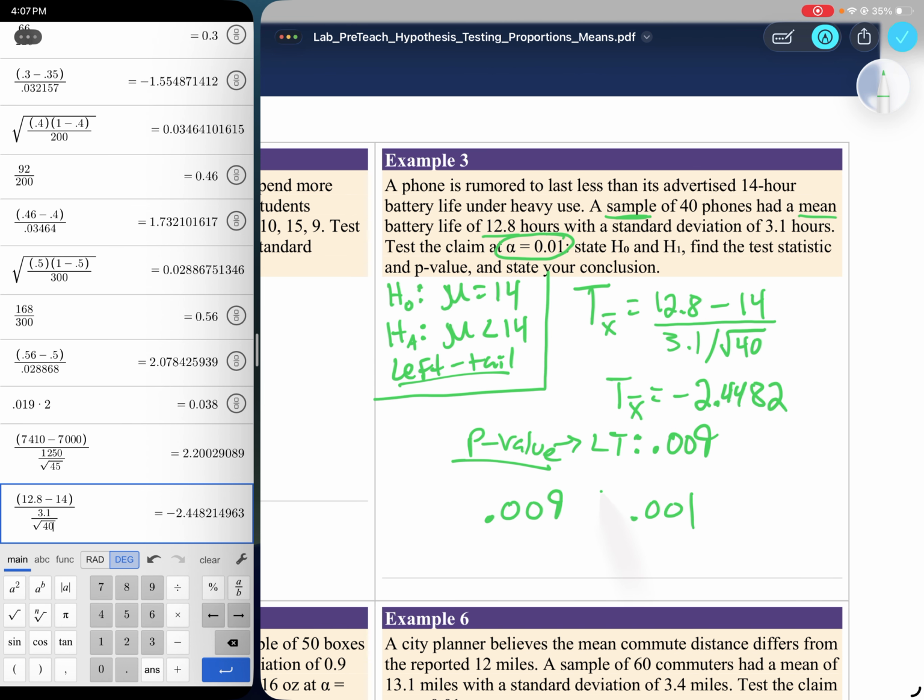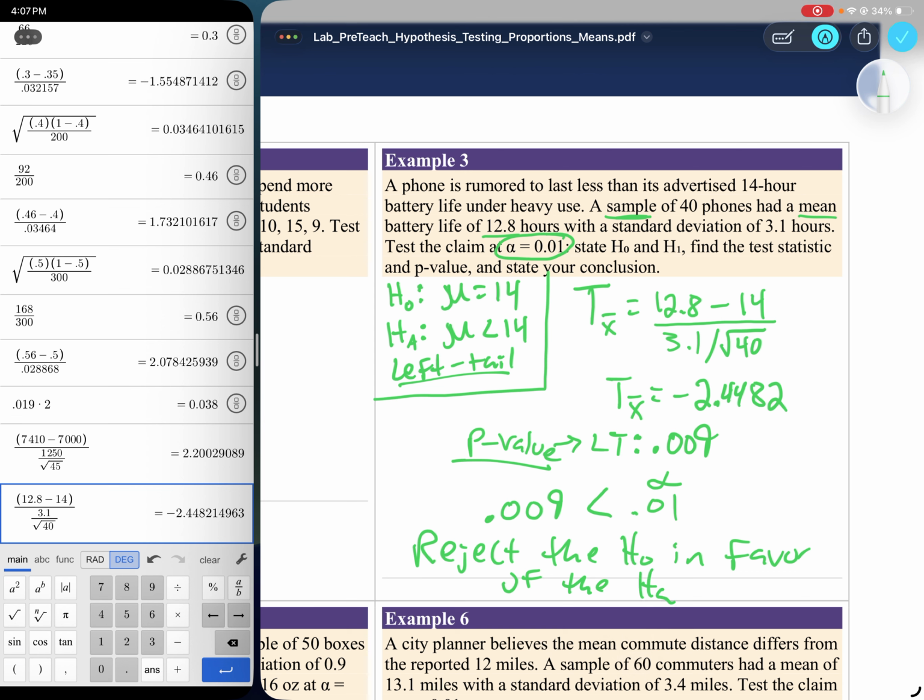My level of significance is 0.01. So my p-value of 0.009 is smaller than my alpha, our level of significance, which means we have statistically significant enough evidence to reject the null hypothesis in favor of the alternate hypothesis.